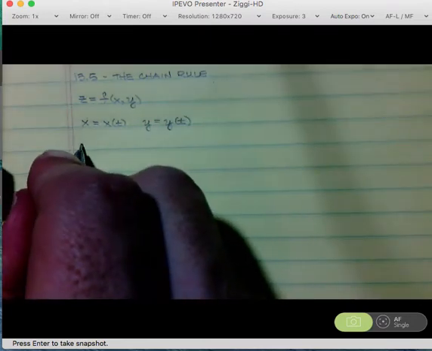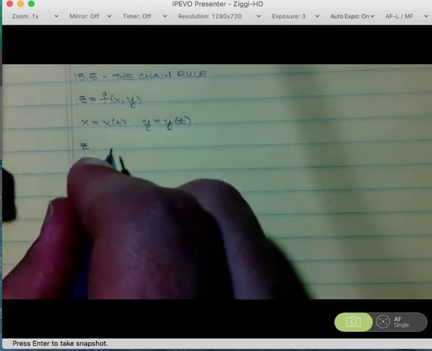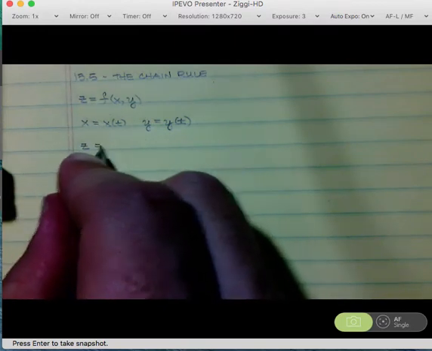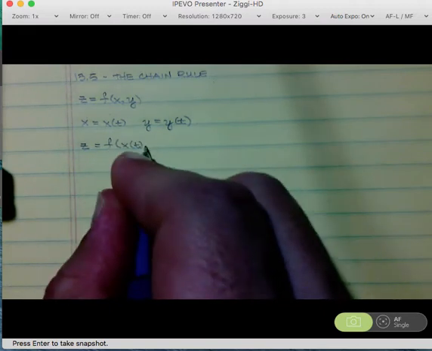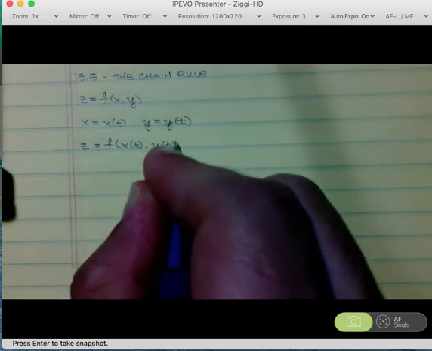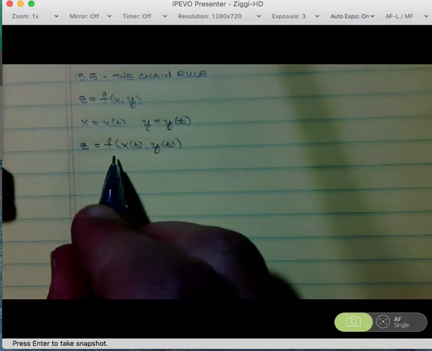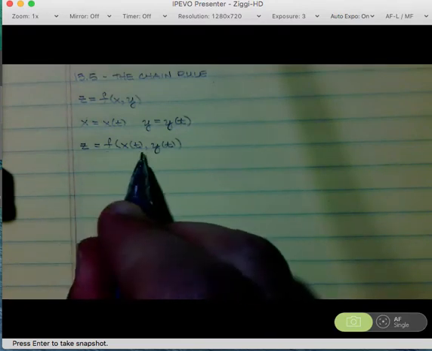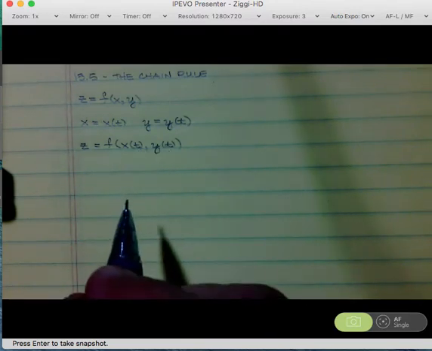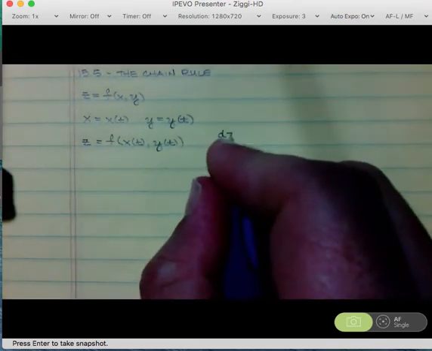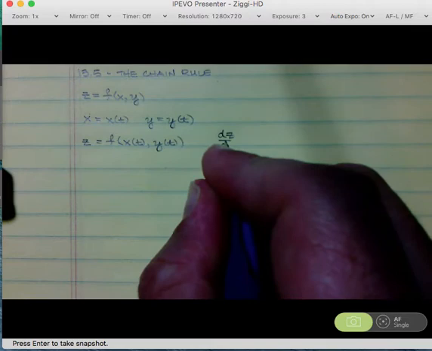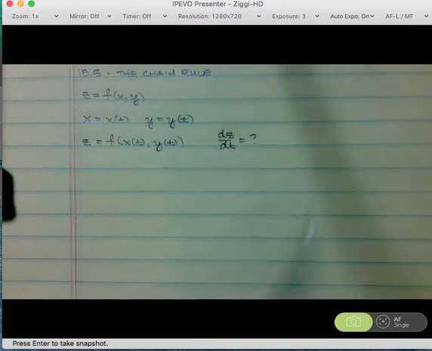If we then look at the composition, z equal to f of x of t comma y of t, then ultimately z is a function of the single variable t. And so we can ask, what is the derivative of z with respect to t?